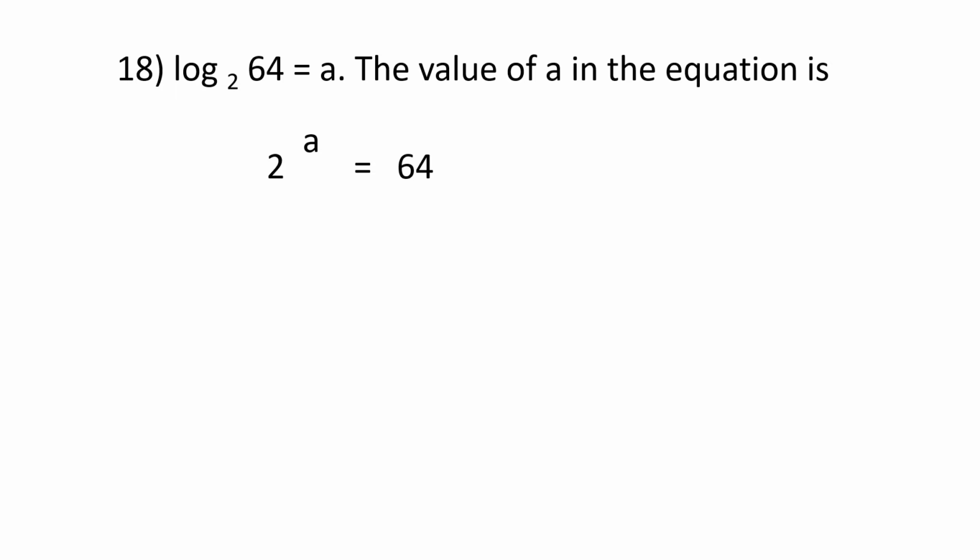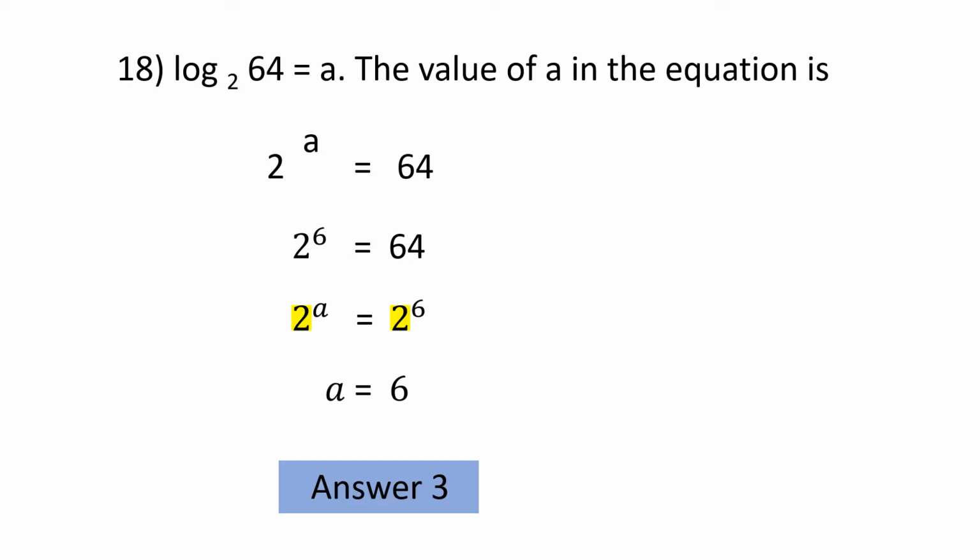But you know, 64 can be written as 2 to the power 6. Now, with the two equations above, you can write 2 to the power a is equal to 2 to the power 6. As the bases are equal, the indices should be equal. Therefore, a is equal to 6. From the given answers, the answer is answer 3.